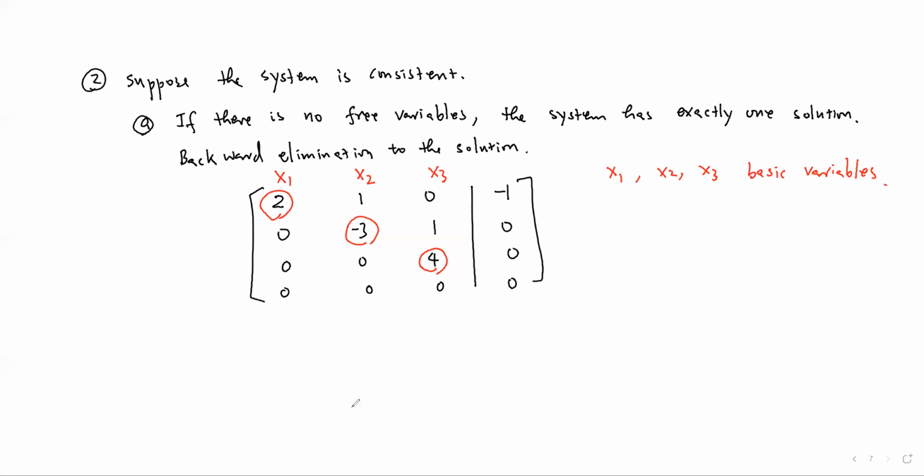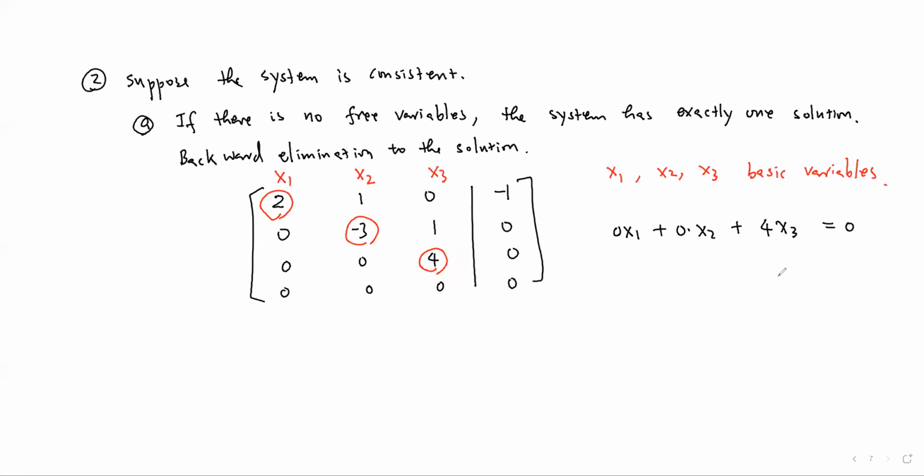Also, let me make a remark about the third row. The third row is 0 times x1 plus 0 times x2 plus 4 times x3 is equal to 0.